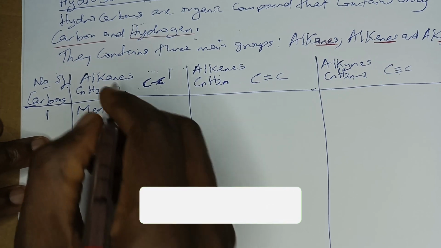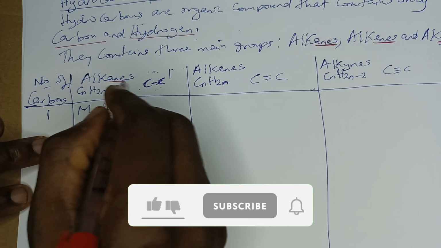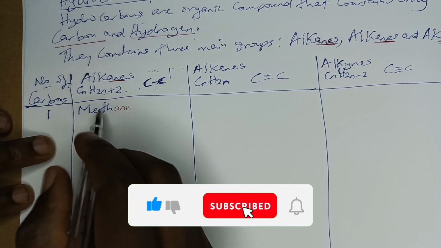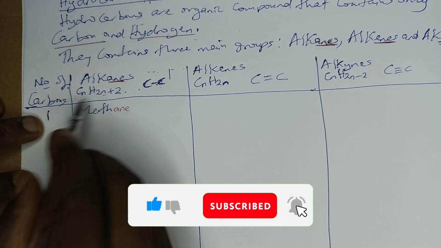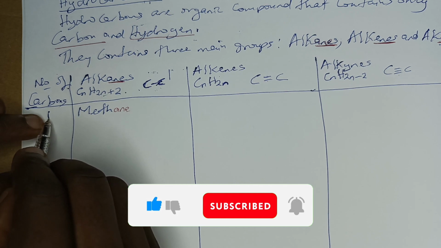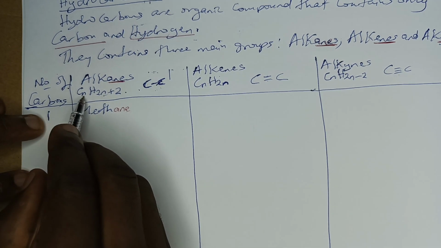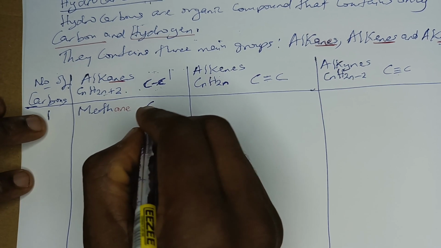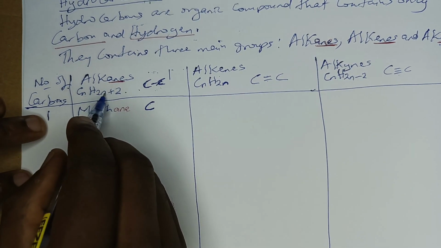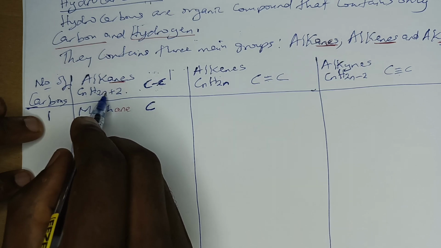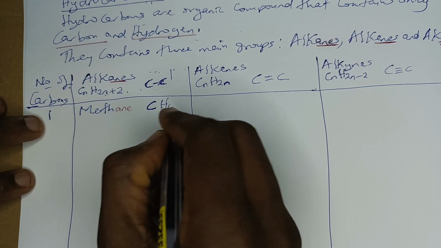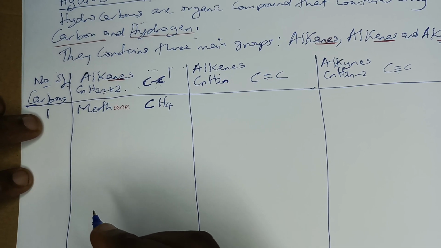In the molecular formula, we put one carbon, C1, but because 1 is negligible, we write it as C. 2 times 1 is 2, plus 2 is 4. So CH4.